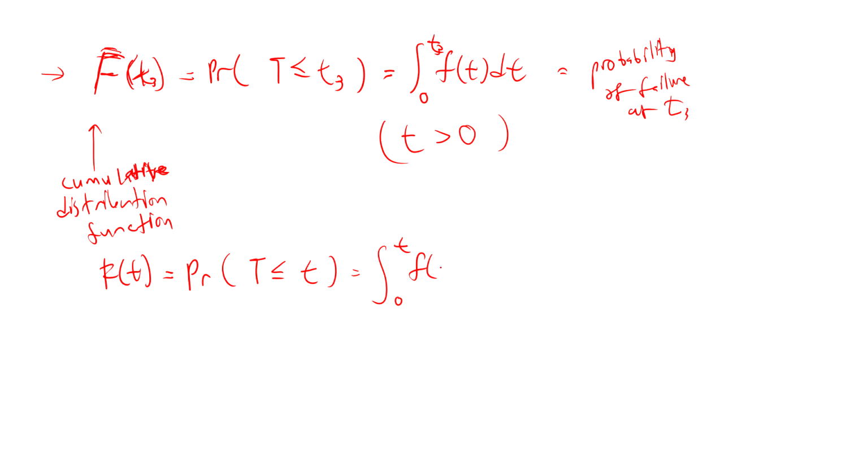I don't want to use t inside here, so I will use u to make the equation mathematically correct, but the argument u is still referring to the time to failure.